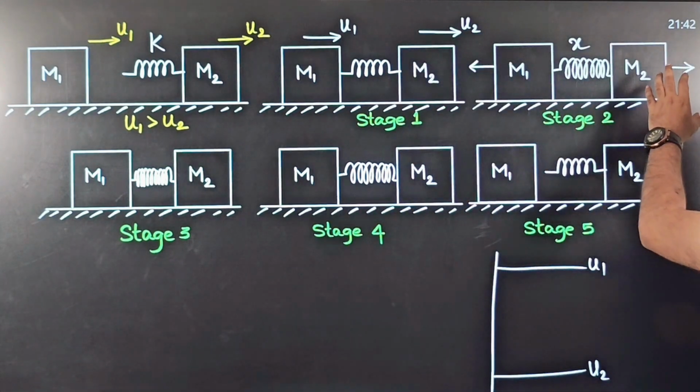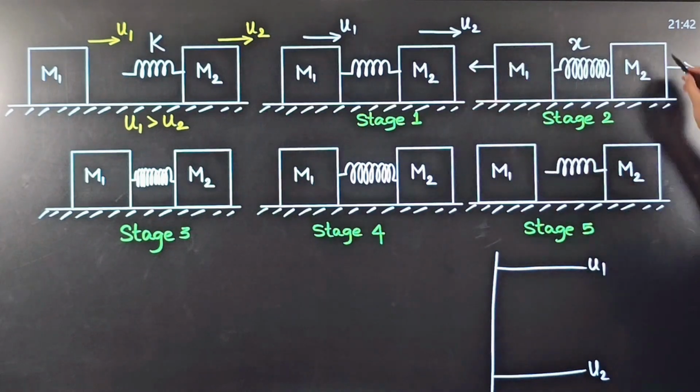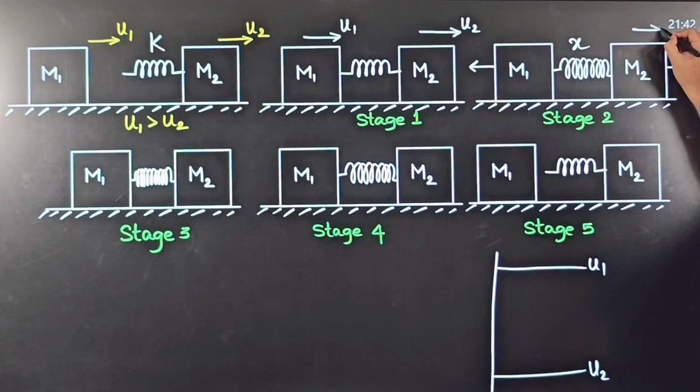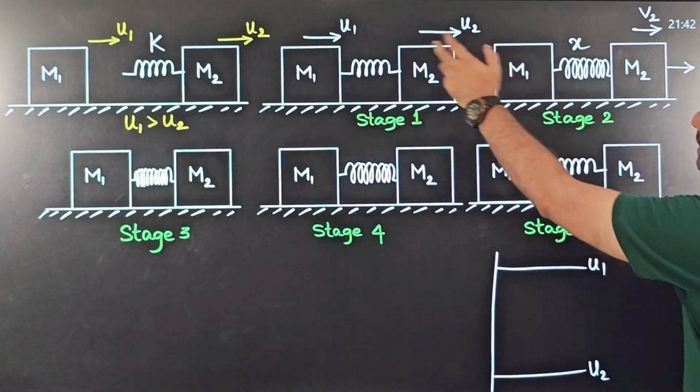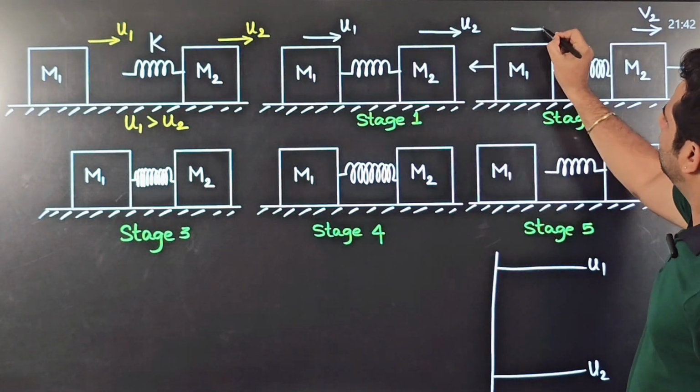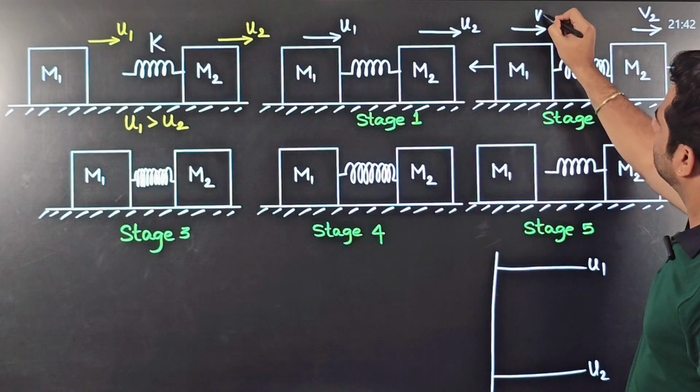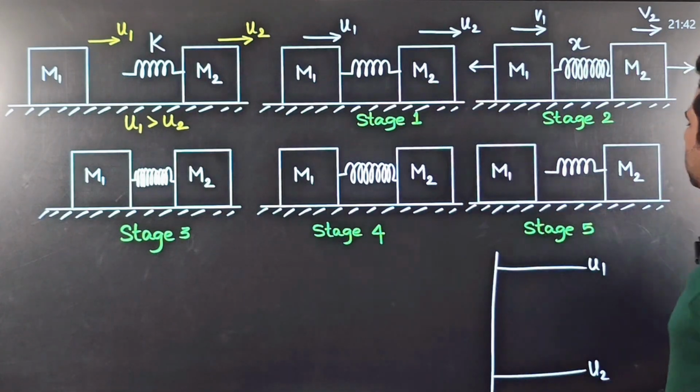If you observe the force on M2, it is in the same direction as its velocity. So the velocity of M2 will increase. Let me say the increased velocity is V2, which is greater than U2. And on M1, the spring force is opposite to its velocity. So the velocity of M1 decreases to V1 from U1.